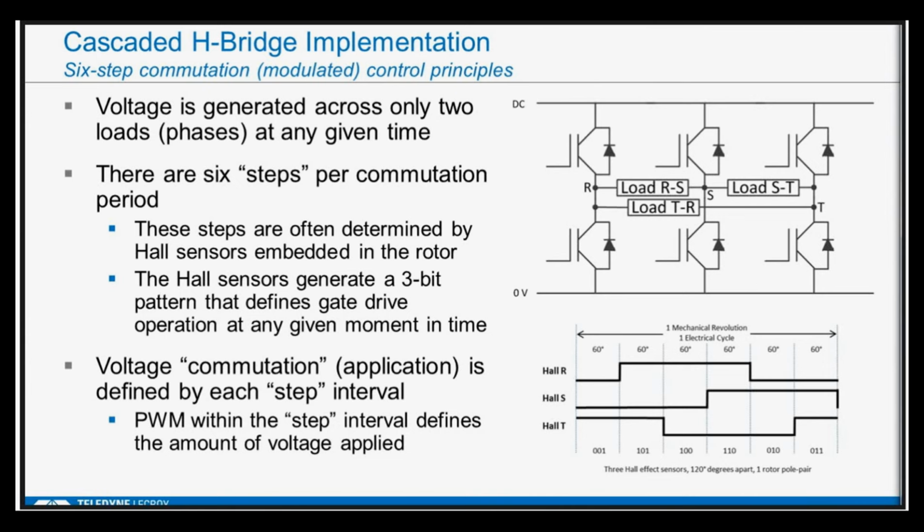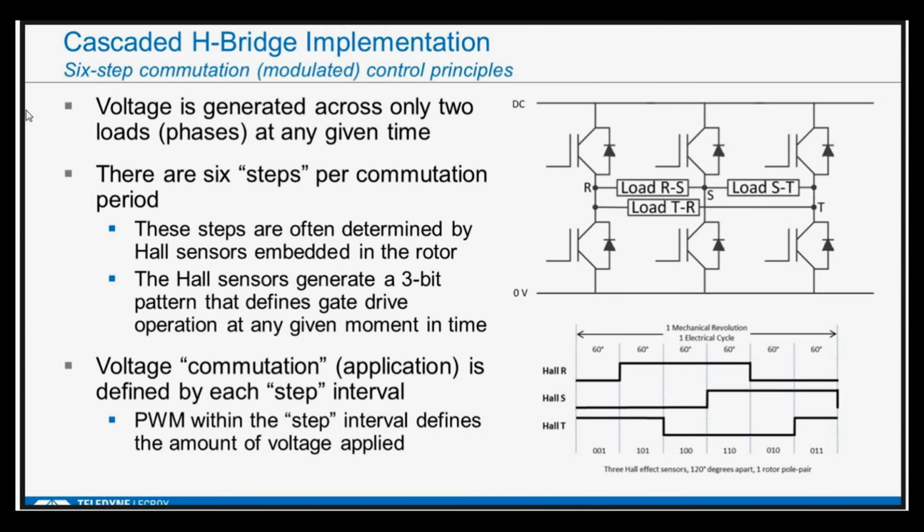You can see here, this is the Hall sensor on the R, the S, and the T phase. So that's a 0, and a 1. So that's 0, 0, 1, and so forth. There's no 1, 1, 1 or 0, 0, 0. So out of this 3-bit pattern, there are 6 different states, which is why it's called 6-step commutation.